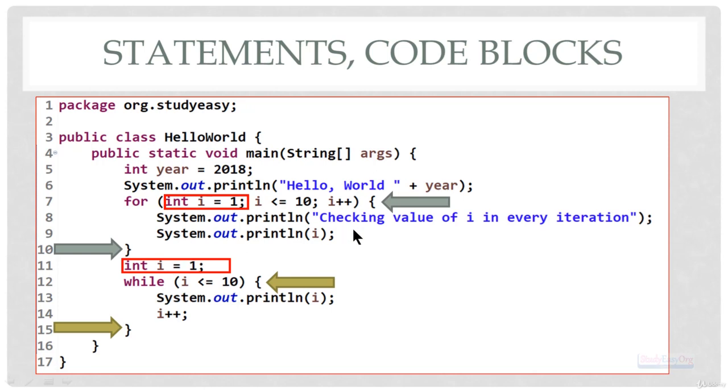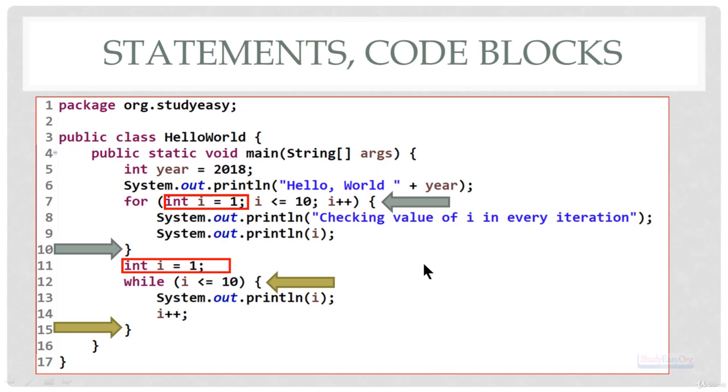Definitely scope is important. Scope means that the scope of the local variable would be limited to the code block only. Outside the code block, the local variable is unusable. The local variable will not be available. Outside the block, the local variable will die. Alright, so as soon as the control of the Java programming language shifts to line number 11, the variable i will die.